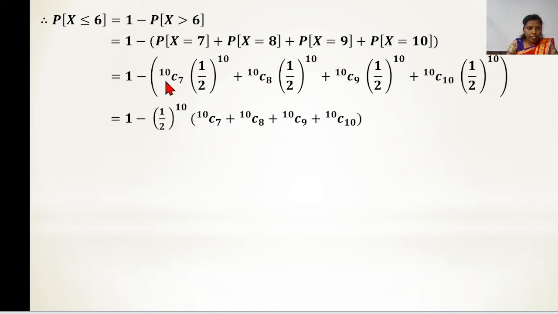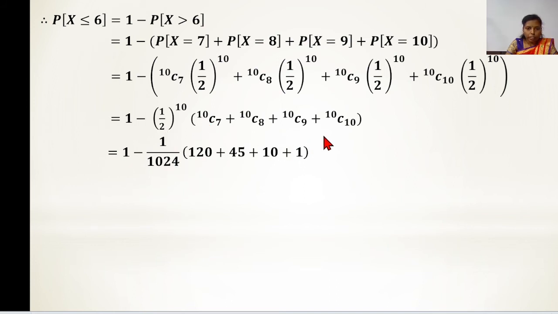Here in each term (1/2)^10 is common, therefore we can take it common: 1 minus (1/2)^10, and the remaining terms are in the second bracket: 10C7 plus 10C8 plus 10C9 plus 10C10. Here (1/2)^10 means 1 upon 1024.